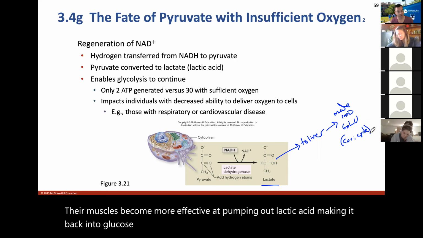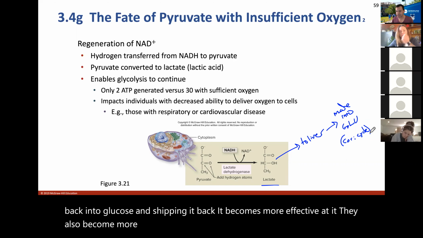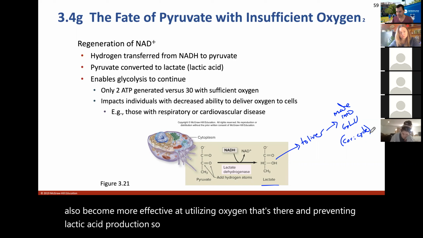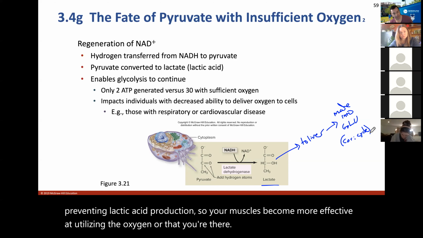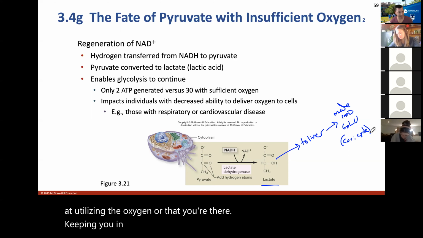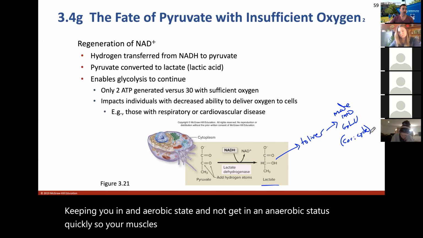They also become more effective at utilizing oxygen that's there and preventing lactic acid production. So your muscles become more effective at keeping you in an aerobic state and not getting into an anaerobic state as quickly.